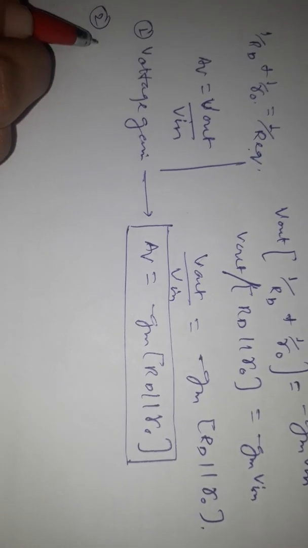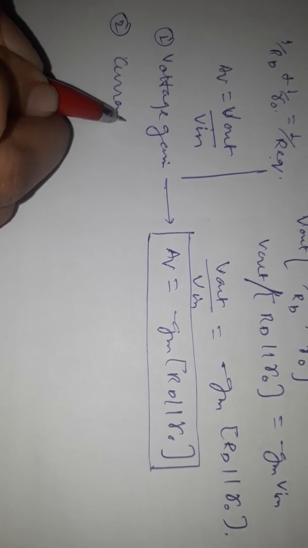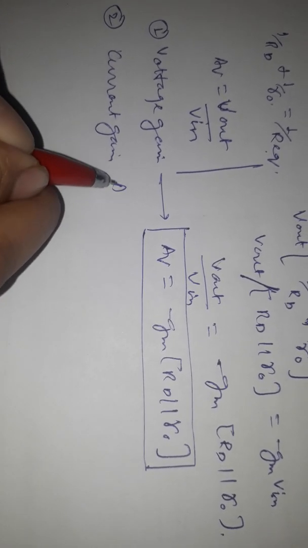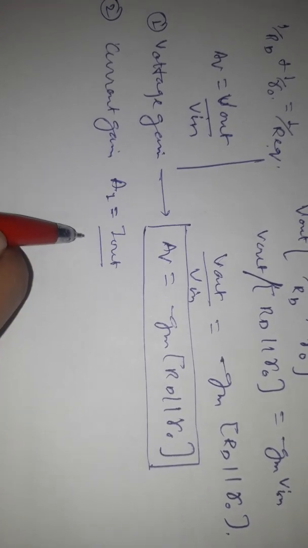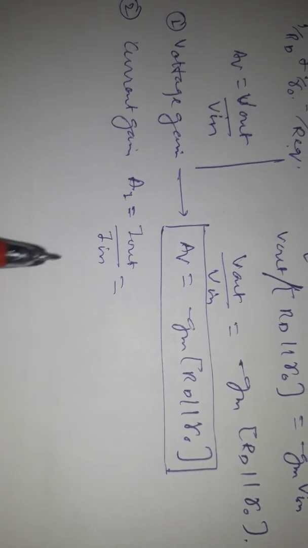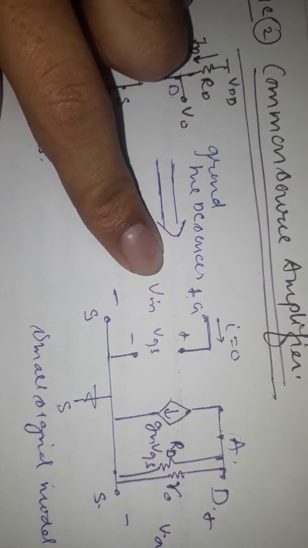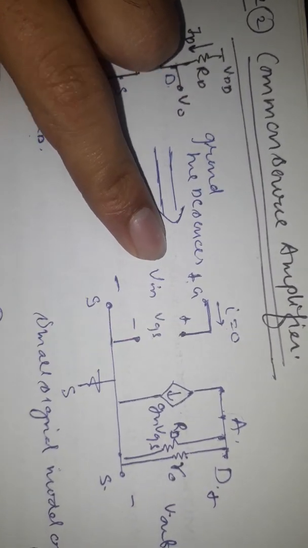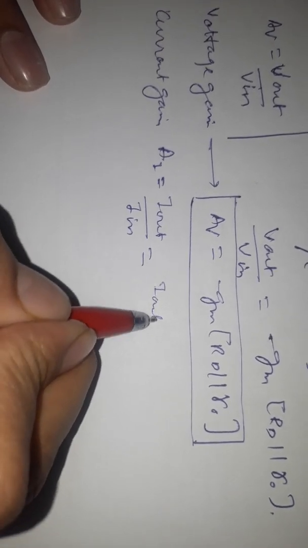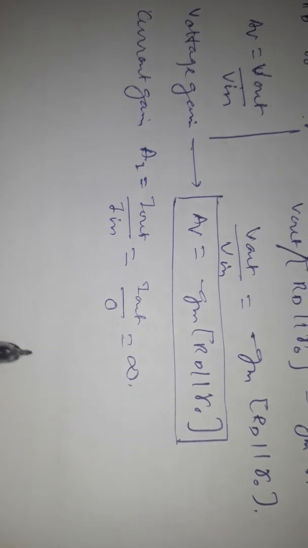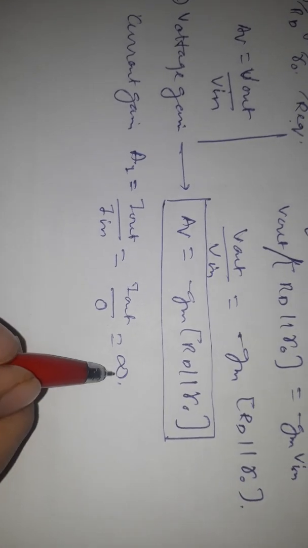Now we will determine the current gain, AI. Current gain is equal to output current by input current. As we can see here, the input current is 0, so output by 0, it is equal to infinite. Current gain is infinite.